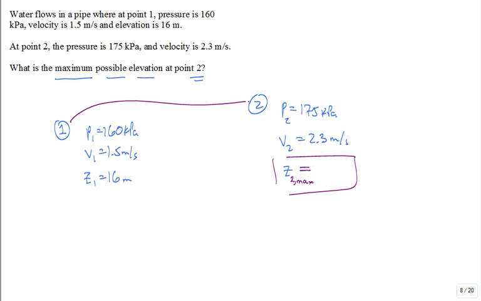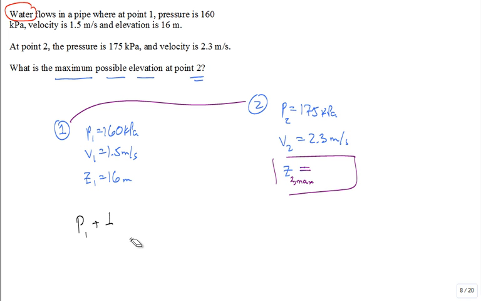Everything in the problem says it's steady. When it says water, I know we sometimes have to make an assumption about water, but it's incompressible. And so, applying Bernoulli's equation, P1 plus, what form do you want to use?